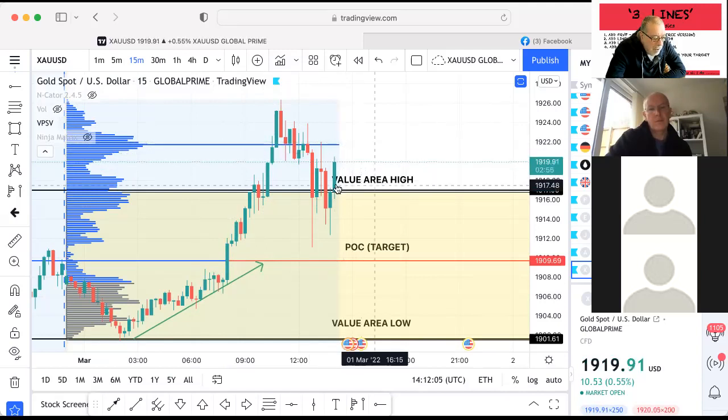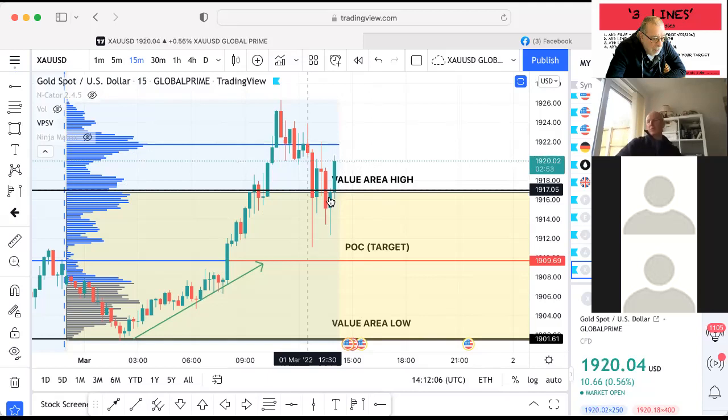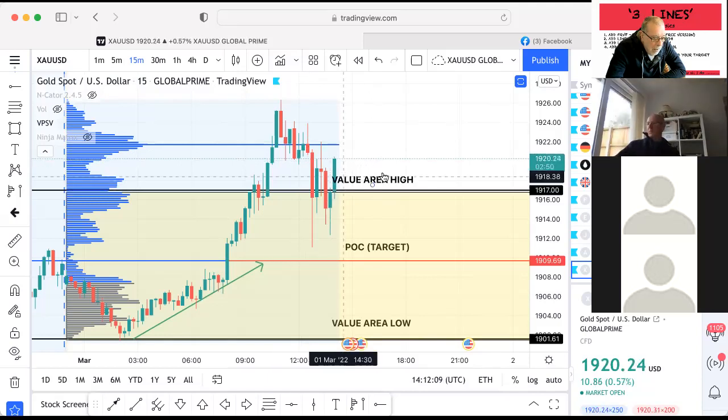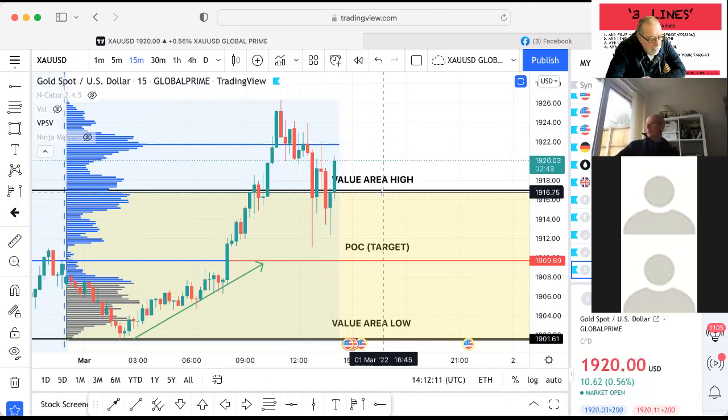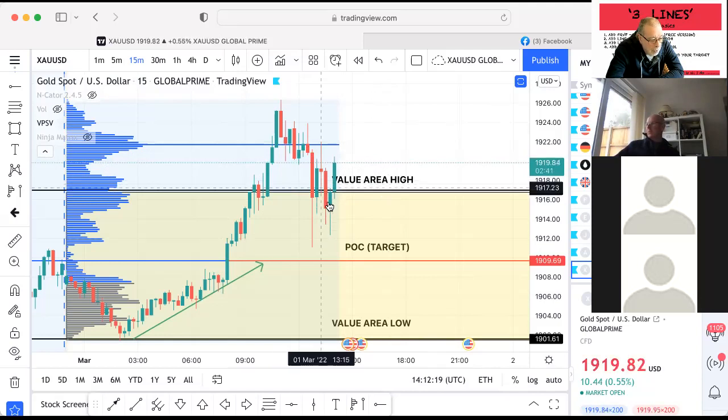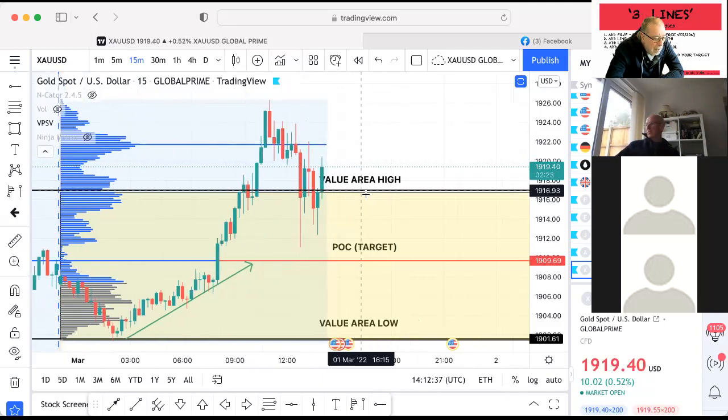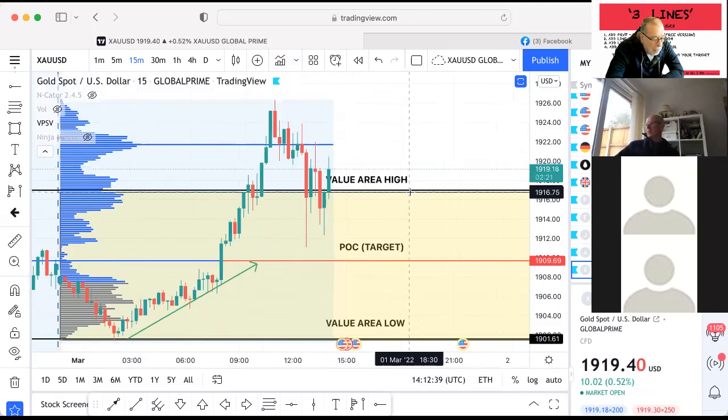The value area high here is showing itself to be another magnet. It's a line which price can bounce off or break through. And it's broken through it and gone back, and broken through it and gone back. Whether price will now go back up there is one possibility, or whether it'll reverse and come back down to this line is another possibility. So you need to keep an eye on exactly what's happening.